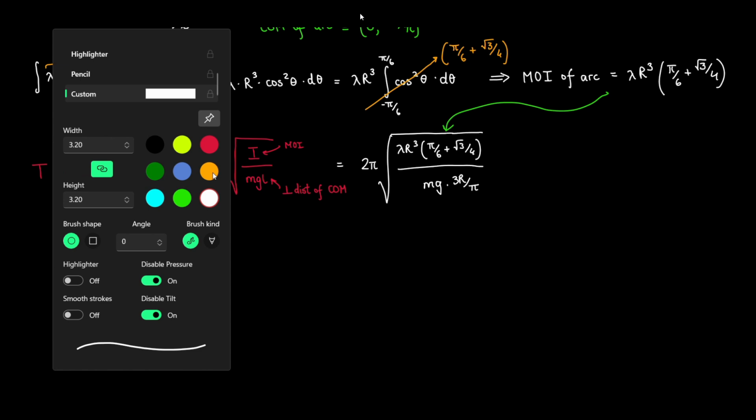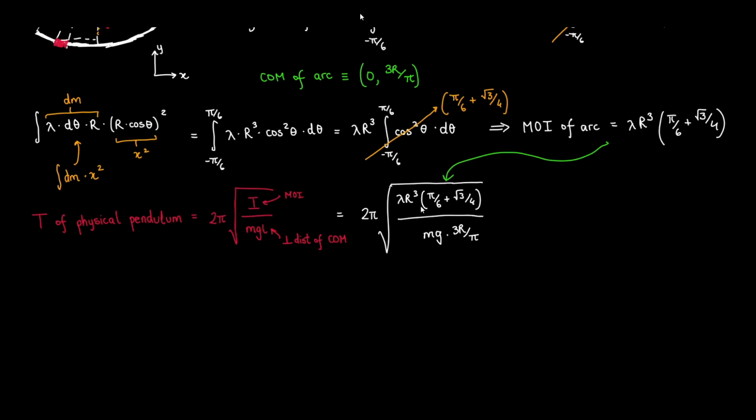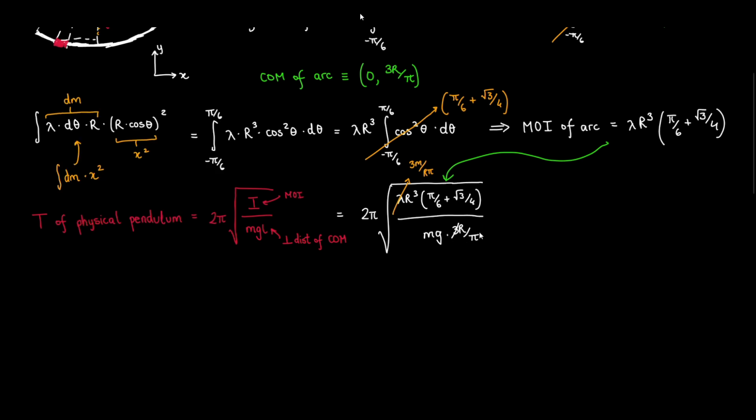Now if we replace lambda with the value which we calculated, which is 3m by r pi, we can cancel 3 pi and r also, so we'll get r square here, and this r will also get cancelled, so we will be left with only a single r.